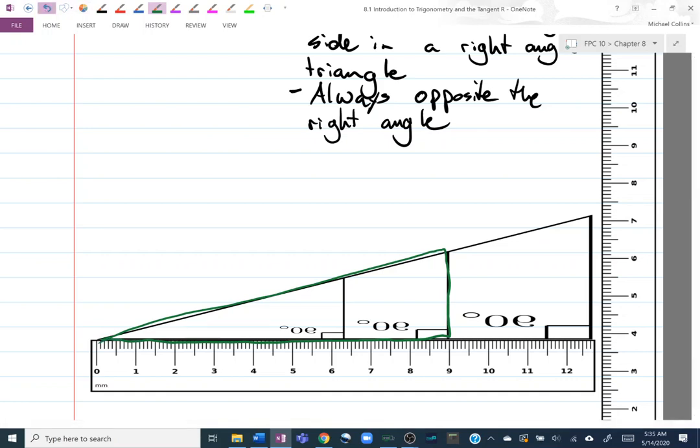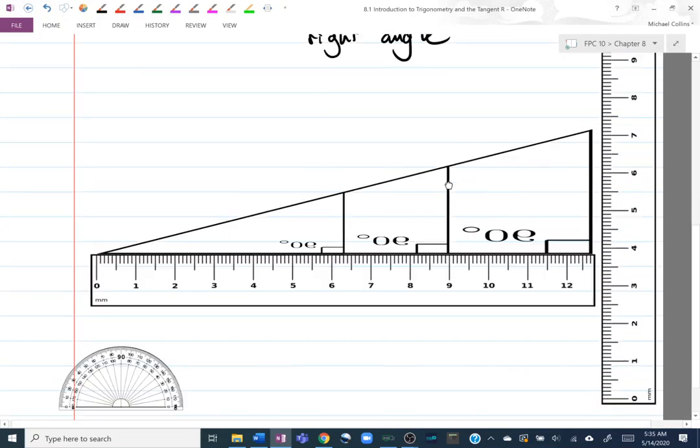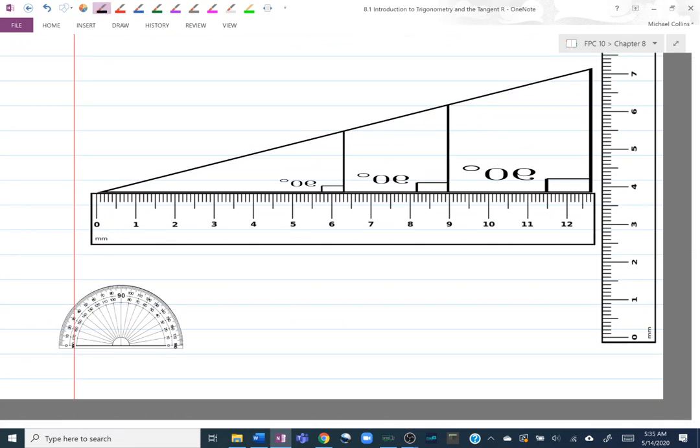And I have a larger one. And what I would like to look at, there's my big one, is the ratio of my opposite side and adjacent side.